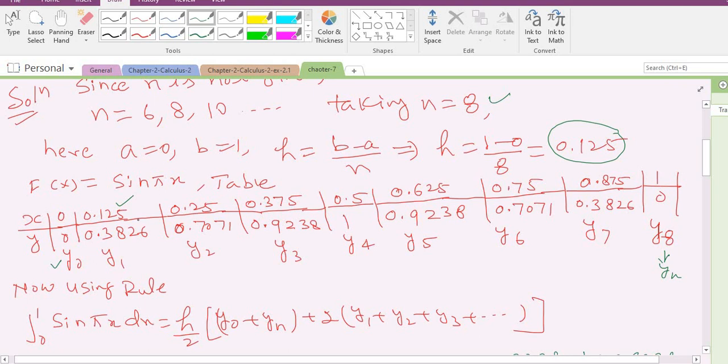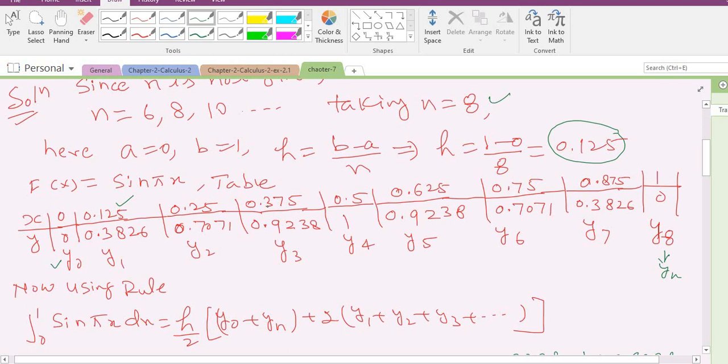Again, you have to add 0.125 plus 0.125, which is 0.25. When you substitute 0.25 here in terms of radian, it gives us this. Again, you have to add 0.25 plus 0.125, and it comes to 0.375.